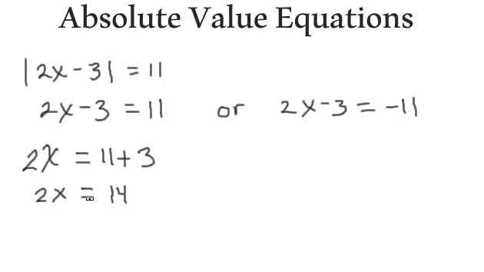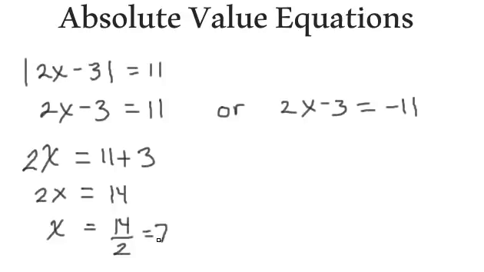Well, you multiply both sides by half, or in a shortcut manner you can think of just taking this 2 and moving it diagonally down below the 14. Same thing as multiplying both sides by a half. And of course this is equal to 7.